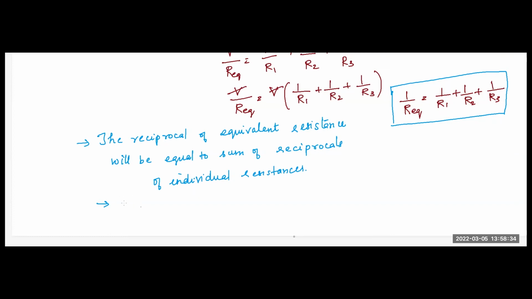So let us take one example. We have R1 equal to 2 ohms and R2 equal to 4 ohms. These are the two resistances and we connect them in parallel.